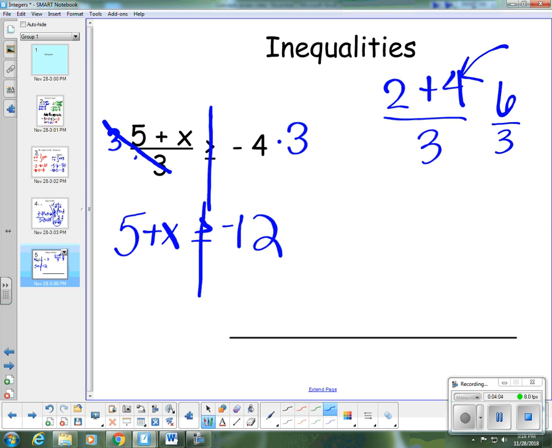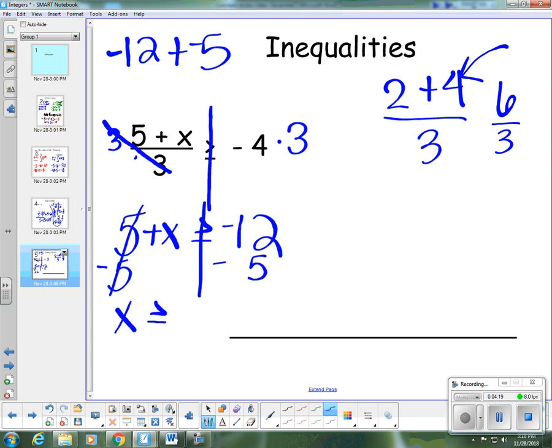Okay, now I'm getting rid of the positive 5 by subtracting it. That cancels. What I do to one side, I do to the other, and I'm left with x is greater than or equal to negative 12 minus 5. I'm going to add the opposite to see that I have 2 negative signs. A negative 12 plus negative 5 is negative 17.